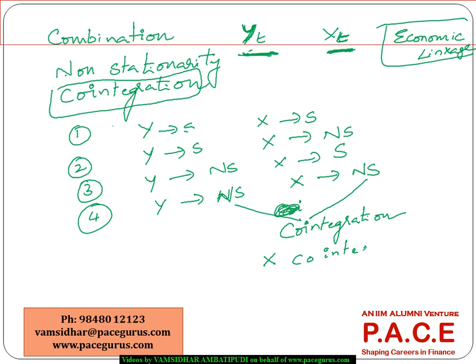So basically I am checking out for 5 scenarios: both of them being covariance stationary, only one of them being covariance stationary while the other is not, and both of them not stationary, but again within that, whether both of them are co-integrated or non-co-integrated. So these are the various scenarios that can work out for us, right?